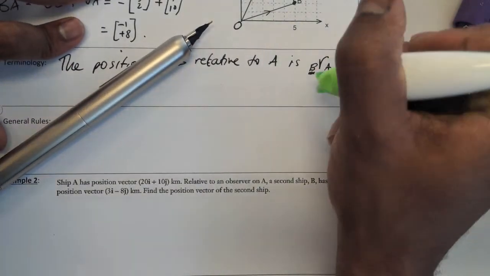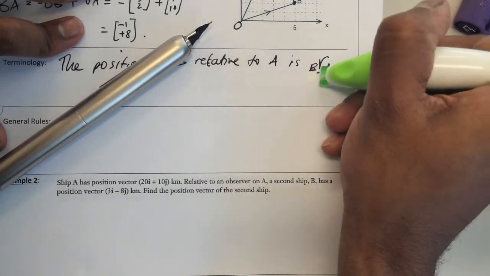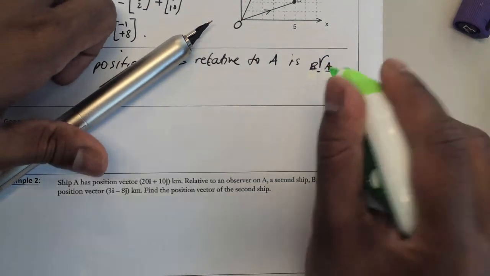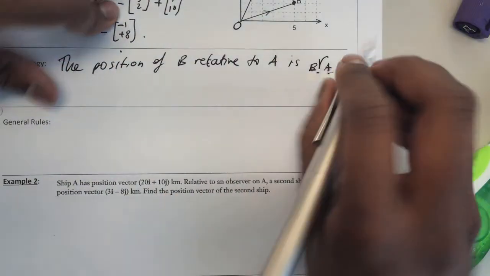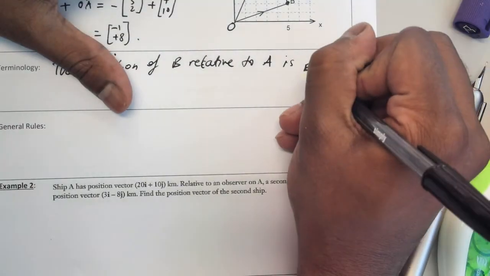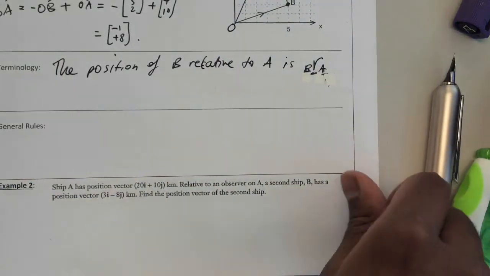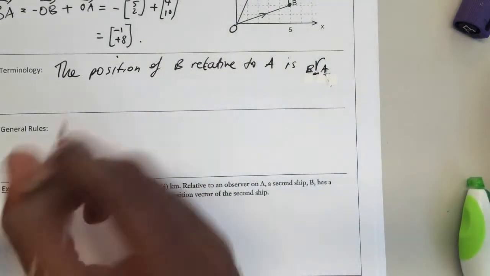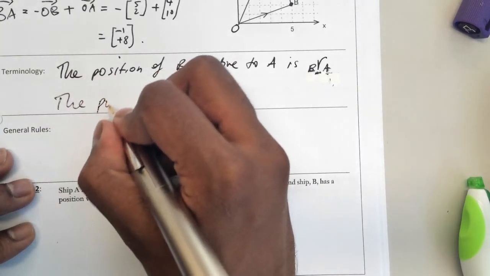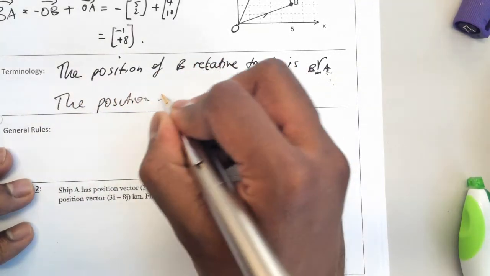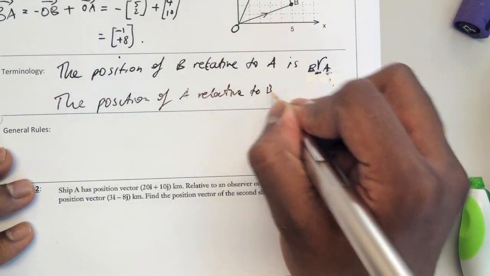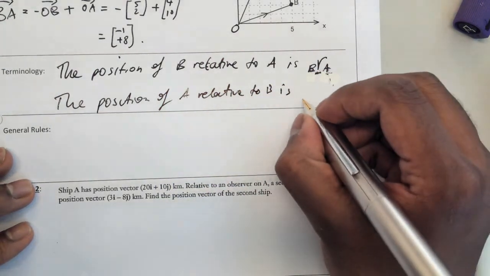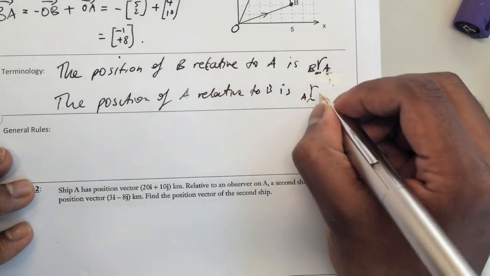A and B are positions. So R is the vector. We're going to do a little vector sign on the vector. And then obviously the position of A relative to B is A relative to B.